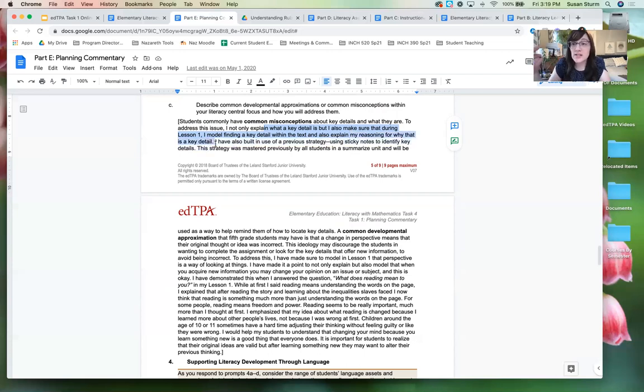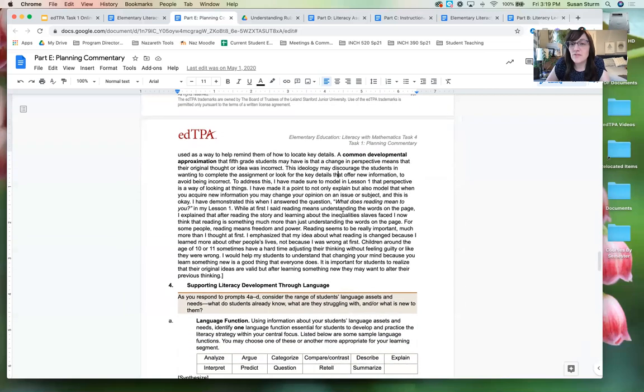So not only is this person telling what the common misconception is, but also explaining how to fix it. So I've built in the use of a previous strategy using sticky notes to identify key details. This strategy was previously mastered. I'm going to bring it back. It's a great idea. You can copy the same sort of flow there.